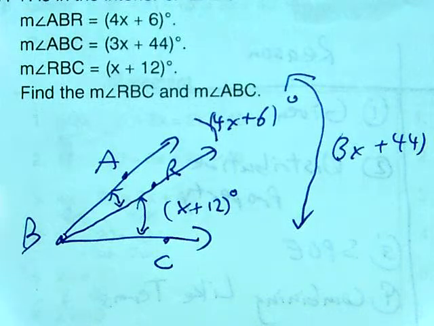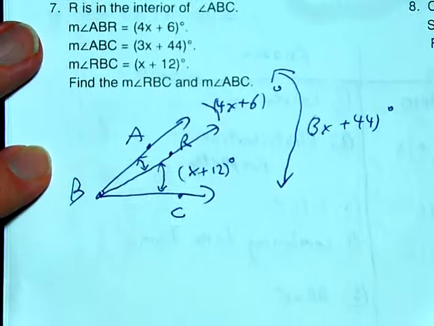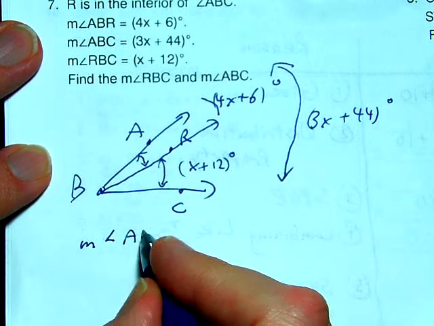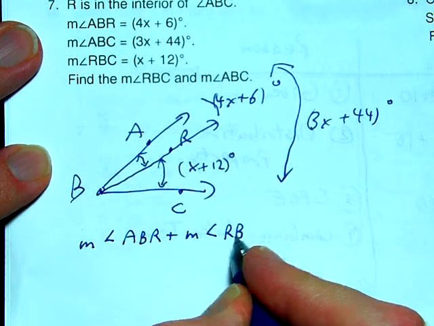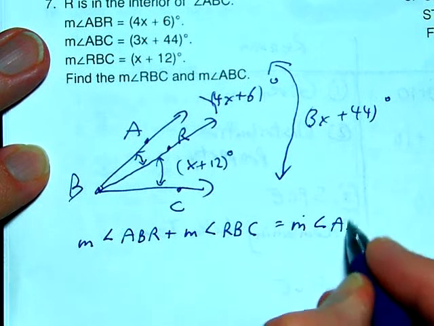So by the angle addition postulate, we know that the measure of angle ABR plus the measure of angle RBC has got to be equal to the measure of angle ABC.